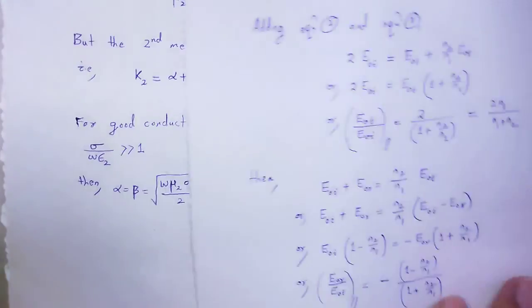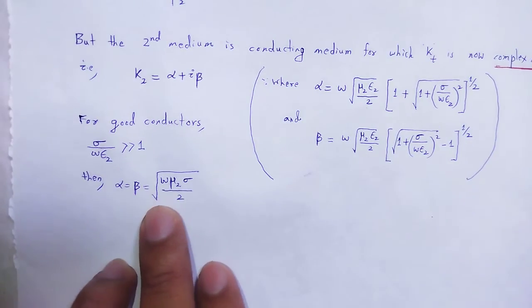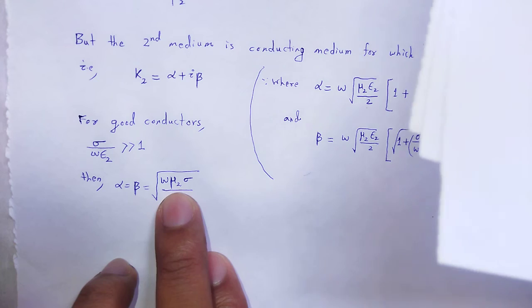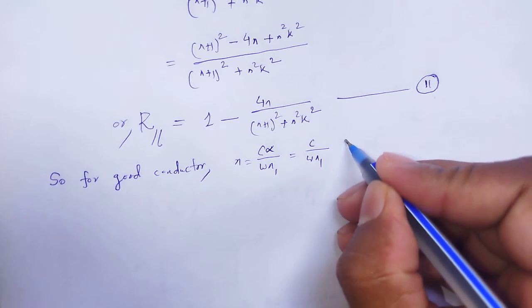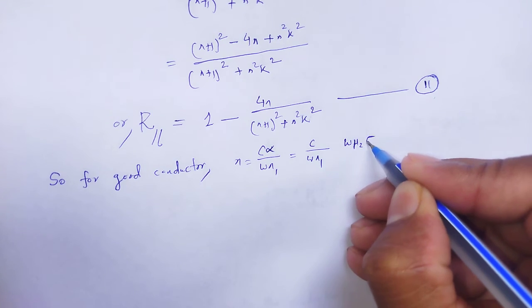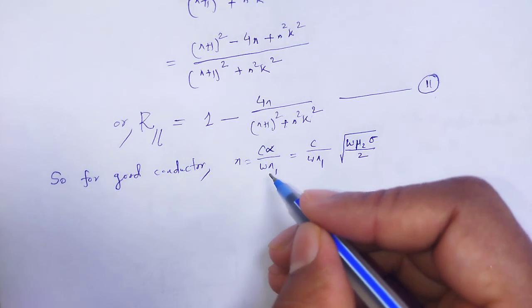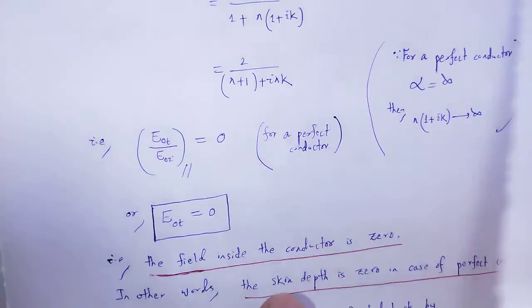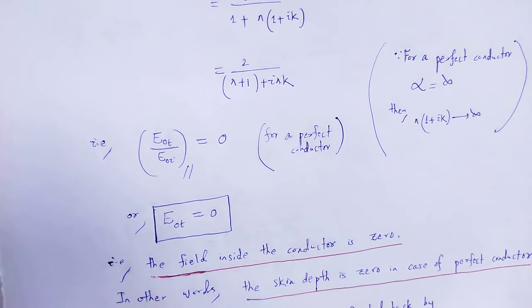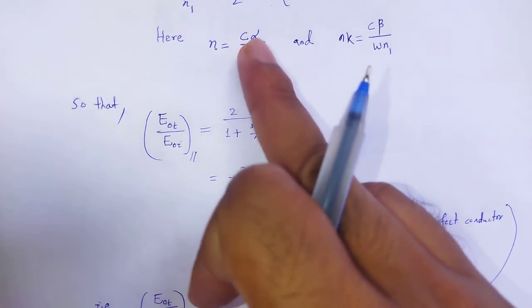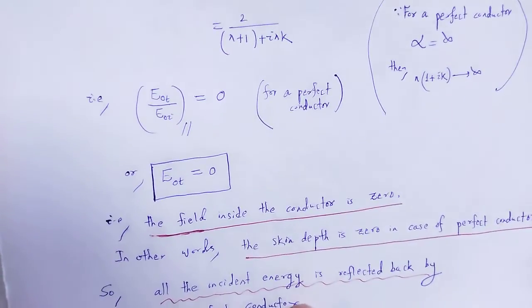For a good conductor we already derived alpha is equal to root of omega mu 2 sigma divided by 2. This is n is equal to C alpha by omega n1, that is from here n is equal to C alpha divided by omega n1.